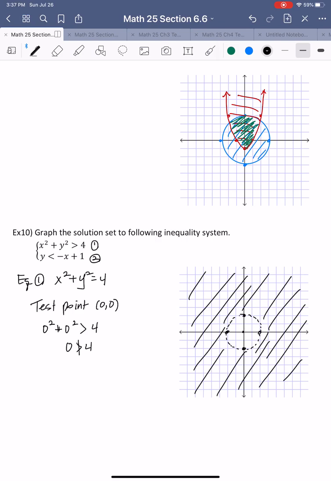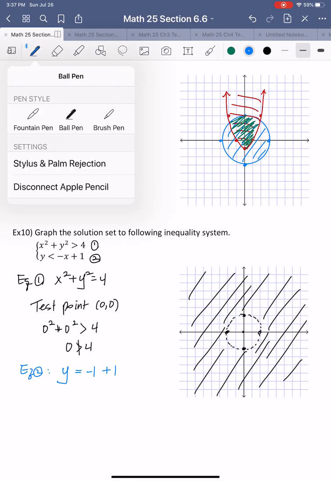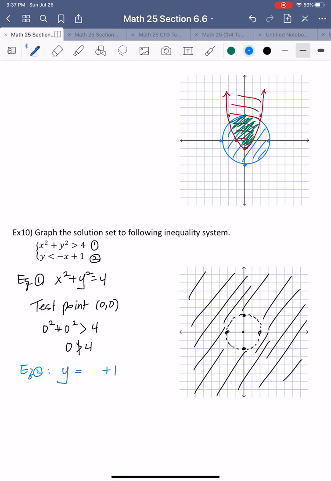Now for the second one, it's a line. Inequality 2: y is equal to negative x plus 1. The slope is negative 1 over 1, down 1, right 1, and the y-intercept is 0, 1. So from 0, 1 you go down 1, right 1, down 1, right 1.